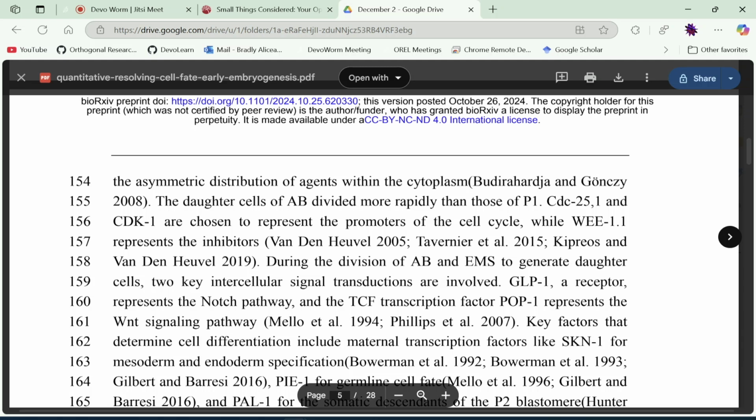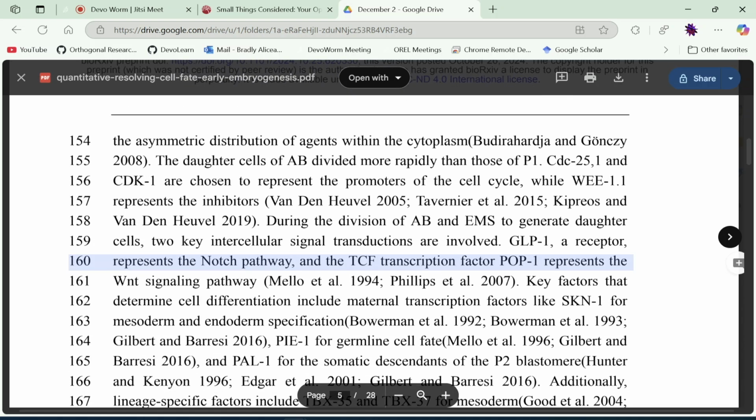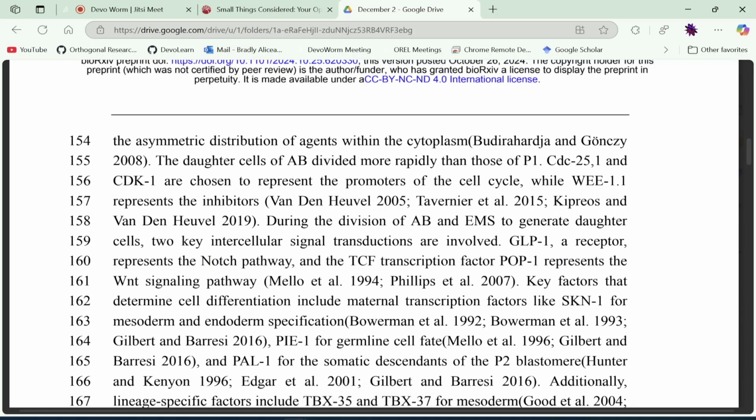CDC25 and CDK1 are chosen to represent the promoters of the cell cycle. If we're talking about cell division, we're talking about cell cycle. WEE1.1 represents the inhibitors. So we want to have the promoters and inhibitors in this network. During the division of AB and EMS to generate daughter cells, so AB and EMS are 2 founder cells, 2 key intracellular signaling transducers are involved.